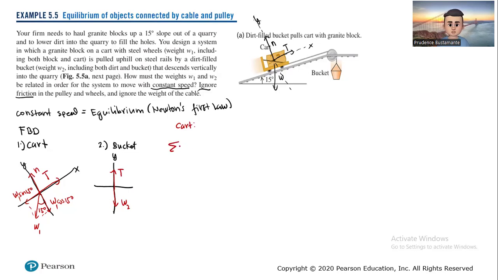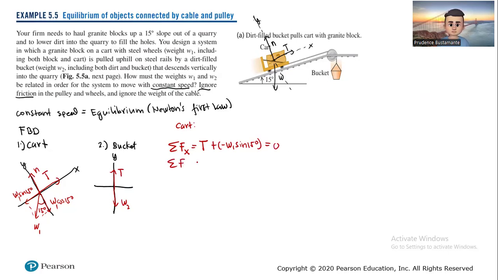For the cart, the summation of all the forces along x: we have the tension plus the negative weight 1 sine of 15 degrees. Since this is constant speed, equilibrium, 0.